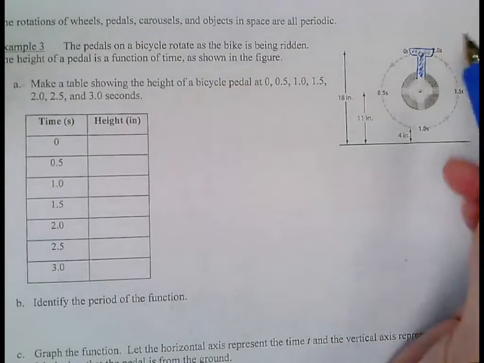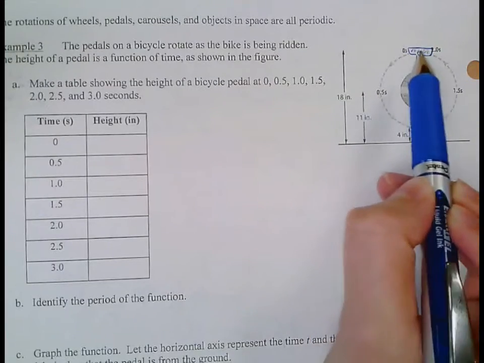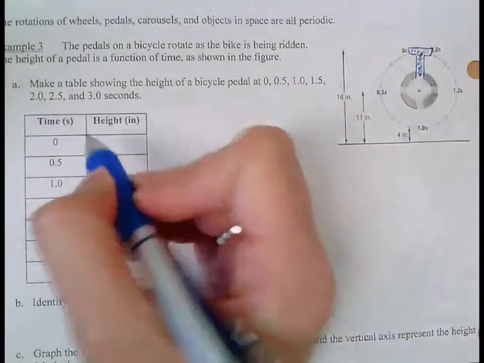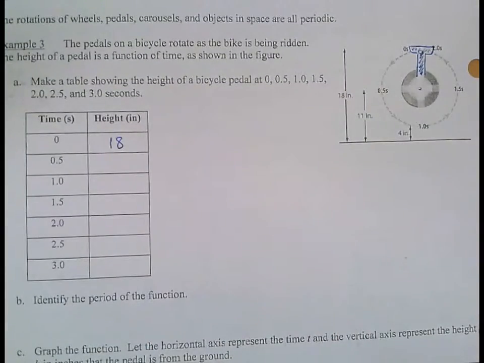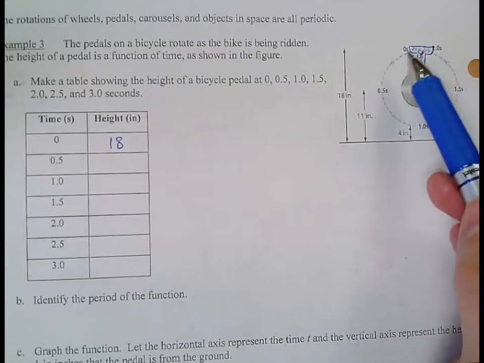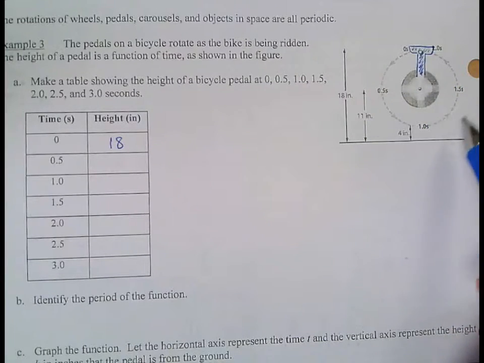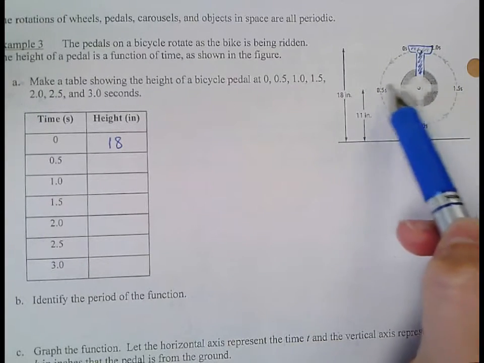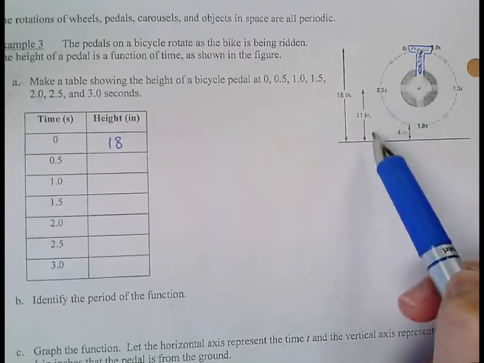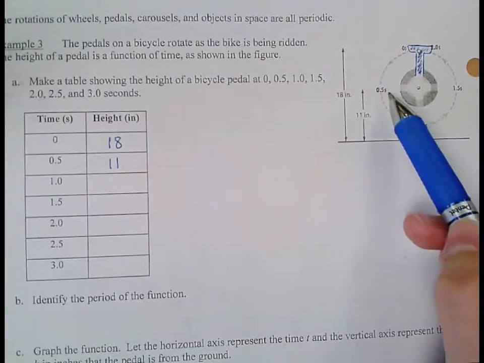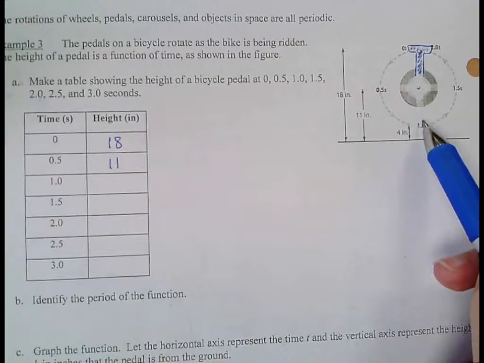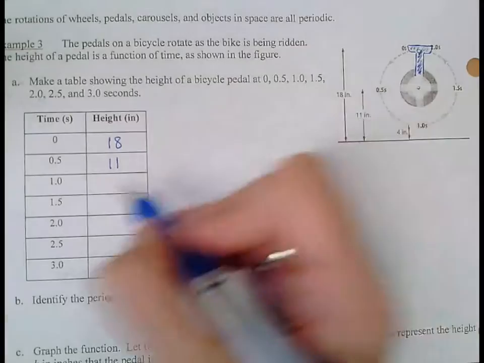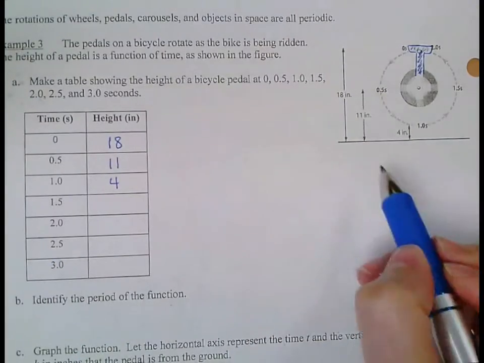So if you look at the diagram, at 0 seconds the pedal is starting up here at the top, which would be at a height of 18 inches. Then as the bike is being ridden, that pedal goes around counterclockwise. At half a second, this is where the pedal would be, and that height is 11 inches. After another half second, at 1 second, the pedal is now downward, at a height of 4 inches.